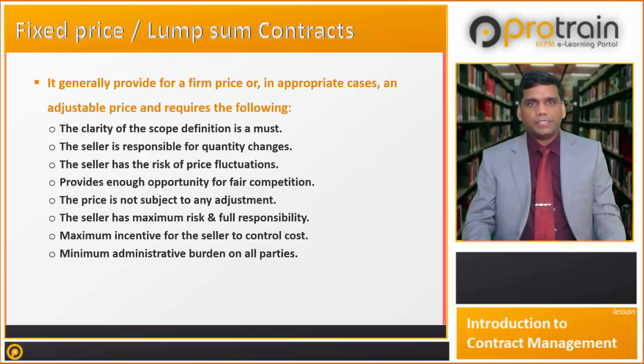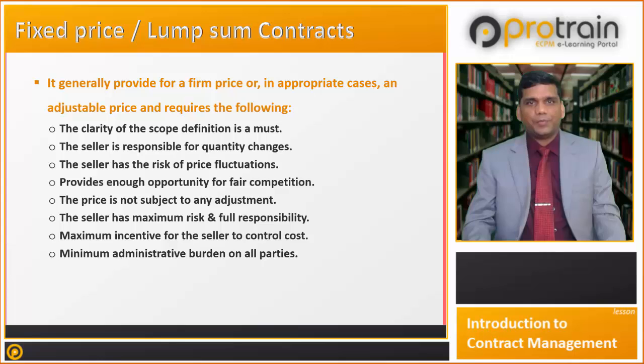Now let us see what is the fixed price lump sum contract. These types of contracts generally provide for a firm price or, in appropriate cases, an adjustable price. Following are the features of fixed price contract.